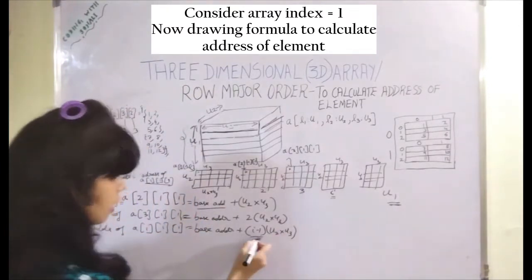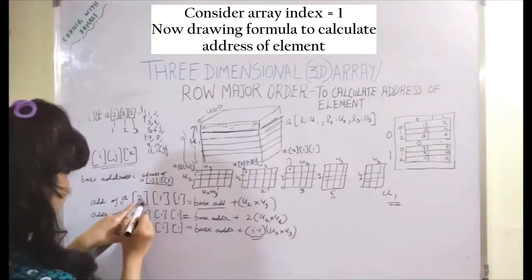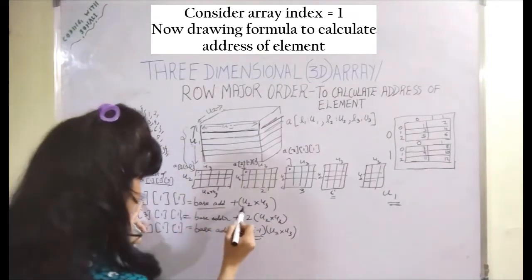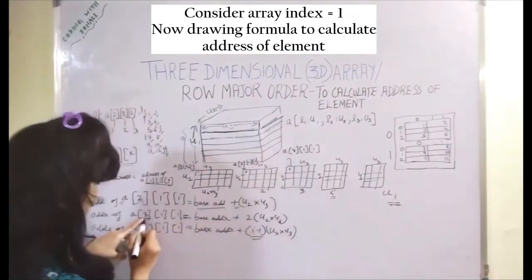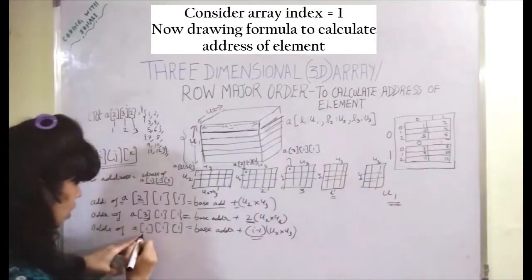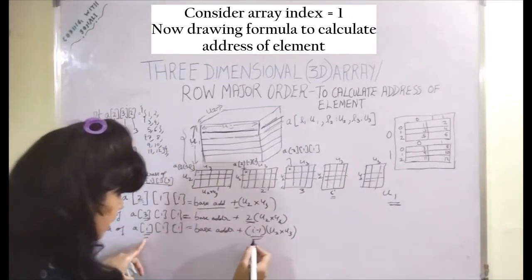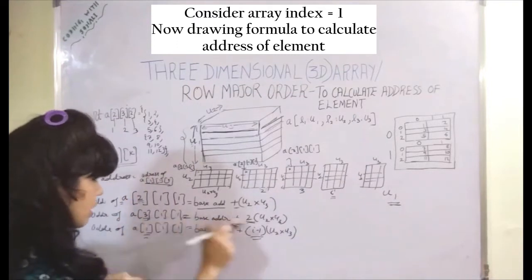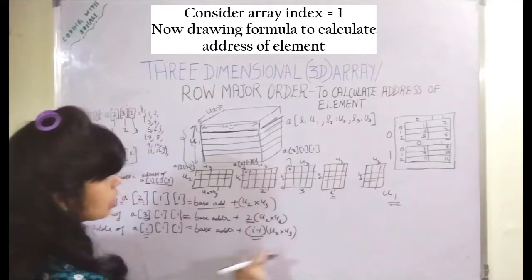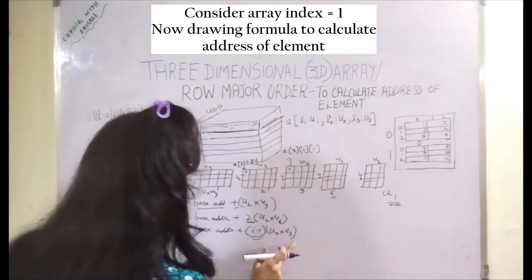Why am I taking this I minus 1? When we had to find the 2, this was simply 1. When it was 3, this became 2, right? Now I am taking this as I, so it will be 1 value lesser than that. Therefore it is I minus 1, because for 3 it comes to 2. So for I we have to cross I minus 1 total U2 into U3. I hope you got it till this point.